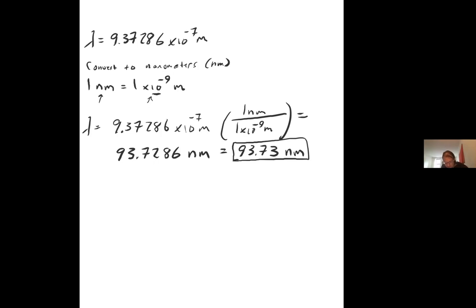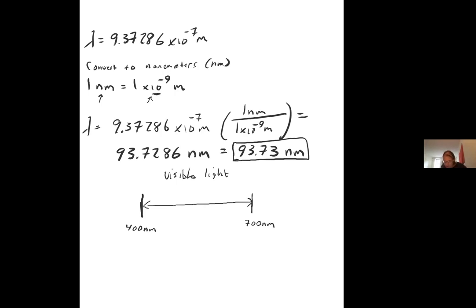I just want to kind of reiterate this whole idea. When you look at visible light, remember, visible light is that little sliver of the electromagnetic spectrum. And generally, although there's no exact cutoff, generally we think of visible light as going from 400 nanometers to 700 nanometers.